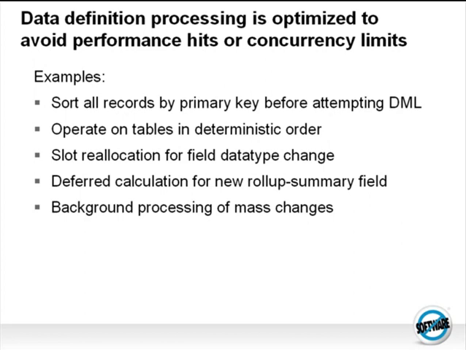I mentioned before the roll-up summary field. If you were to change the definition of a roll-up summary field, but you had many millions of children and parent objects, naturally the recalculation takes some time. So this is an area of queued asynchronous processing, which we're doing more and more of to maintain real-time response time, while also accurately processing your requests in the background. Other areas where we do that are field data type changes.